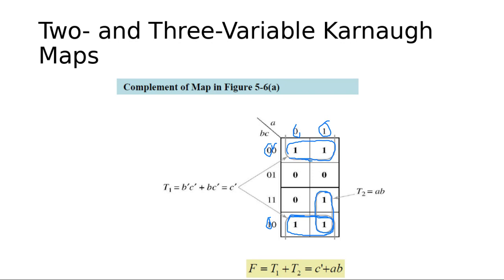C is not changing. While all of 4 variables, it's only 0. So the result is not C for this. And for this, the result is AB. So the final result is F equal to not C and AB.